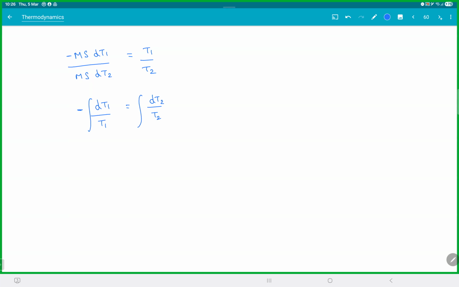Integrate on both sides. For the source, the initial temperature is 2T naught and the final temperature is T final. For the sink, the initial temperature is T naught and the final temperature is T final. This will be minus ln of T final by 2T naught equals ln of T final by T naught.